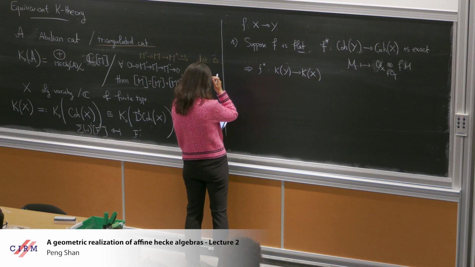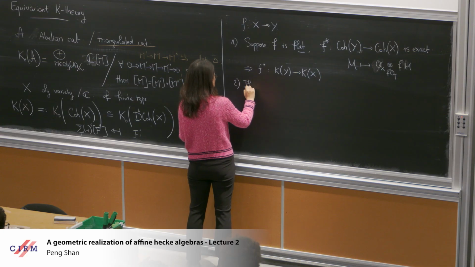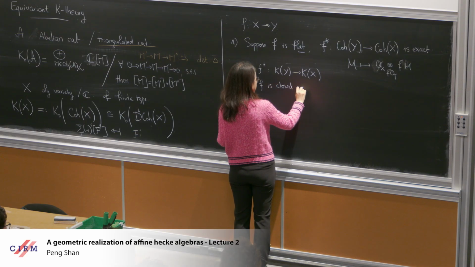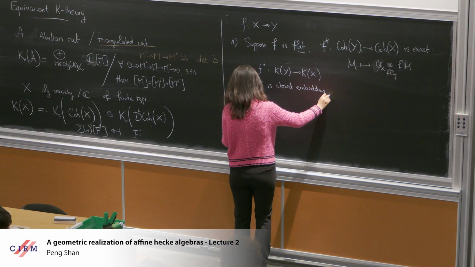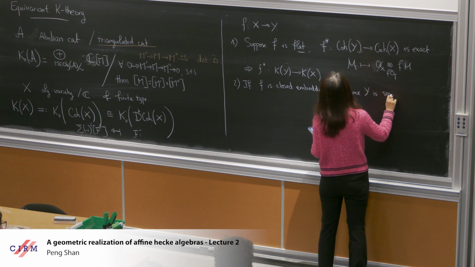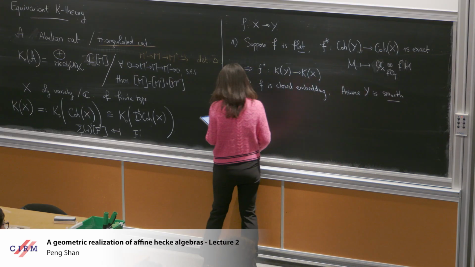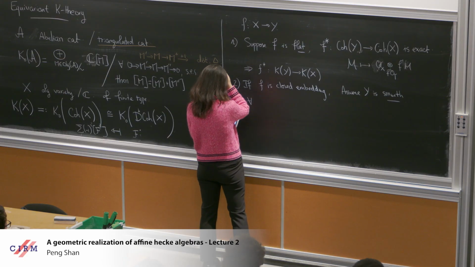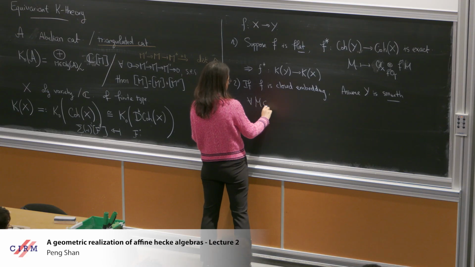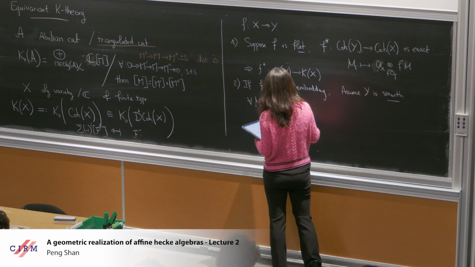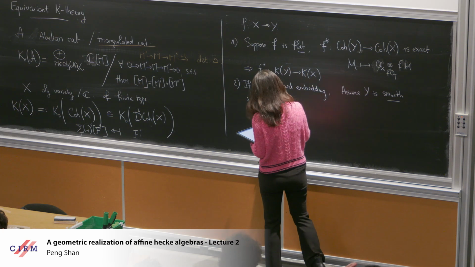And second, if f is a closed embedding, and assume Y is smooth, then for any M which is a coherent sheaf on Y, because Y is smooth, it has a resolution by locally free sheaves.